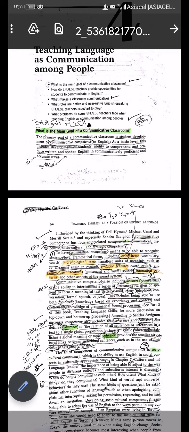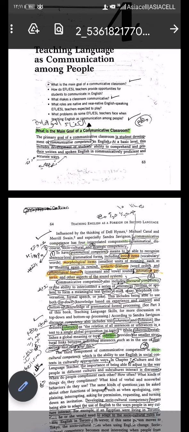According to Sandra Savignon, discourse competency also includes text coherence and cohesion. Coherence means what? How to link sentences together to make a paragraph. So coherence is like how to use blocks to build a room, right?